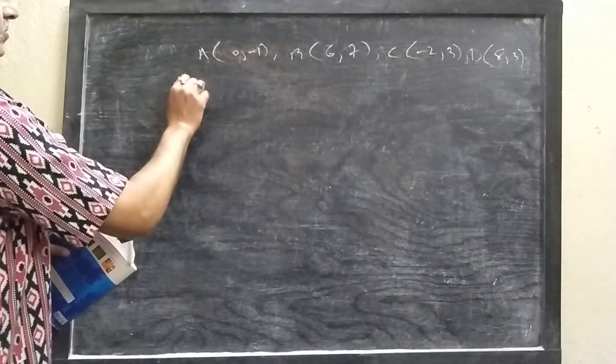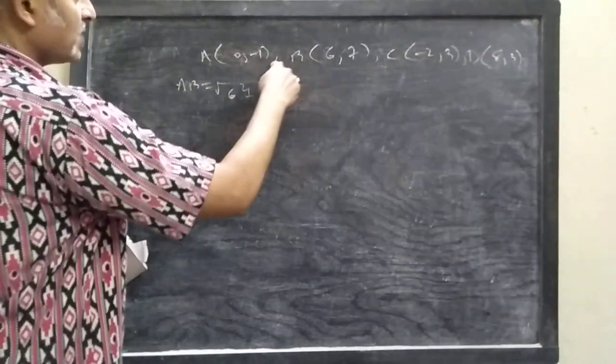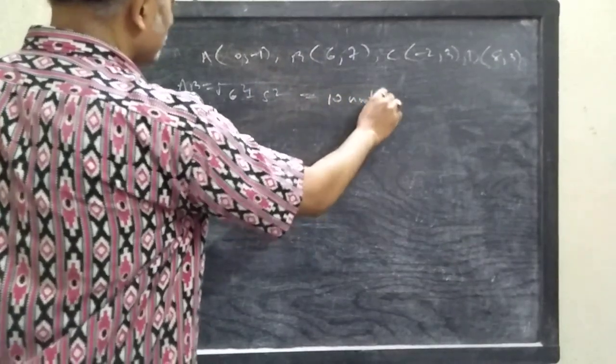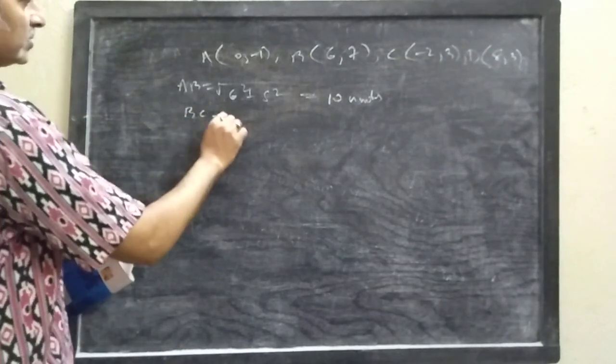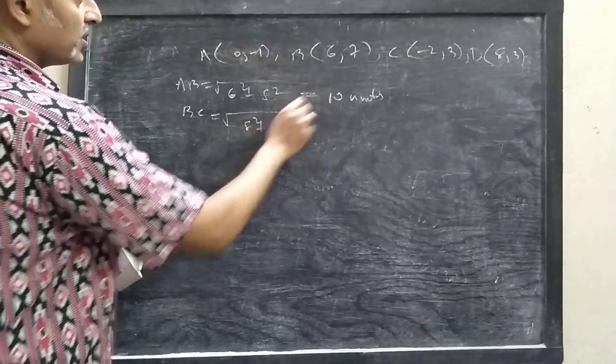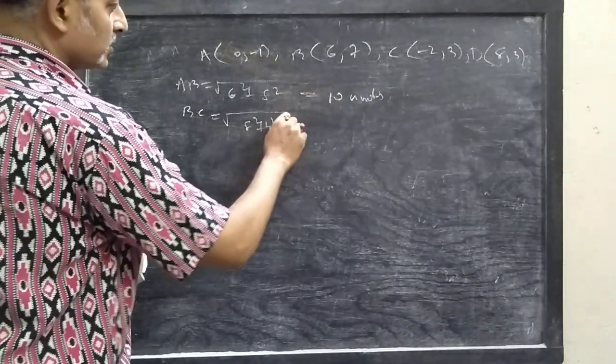First is AB. AB is the square root of 6 square plus (7 + 1) 8 square, that is 10 units. Then BC: (6 + 2) 8 square plus (7 - 3) 4 square.